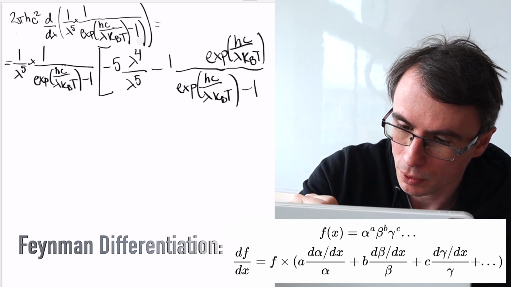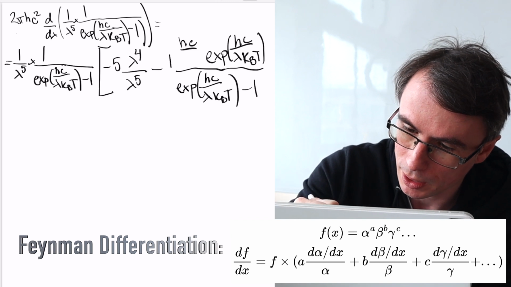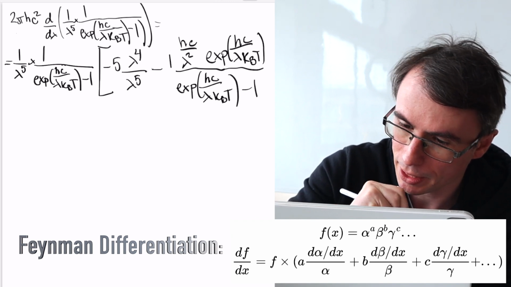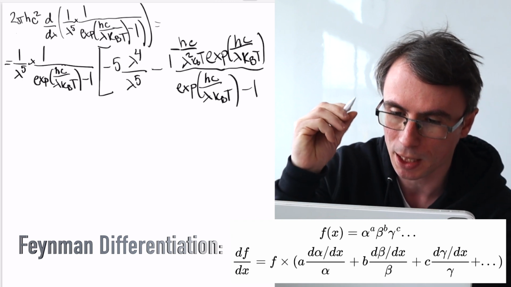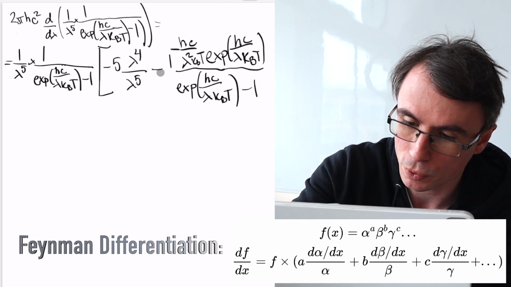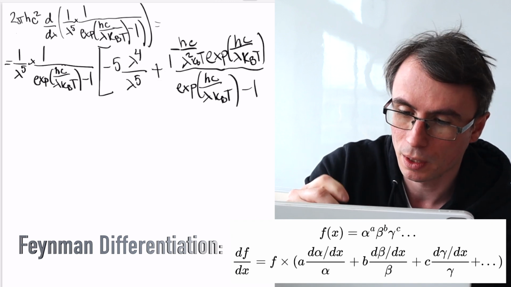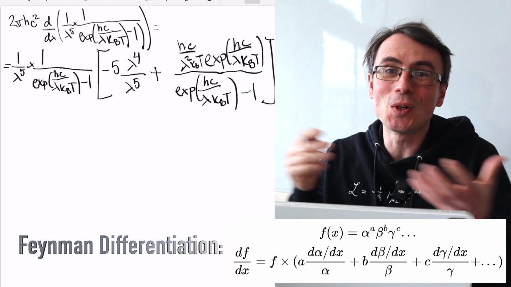So this here will be hc over lambda squared with a negative sign here, kb, and then t. Now the two negative signs here are going to turn into a plus. And this here is actually our derivative, and that did not take very long.